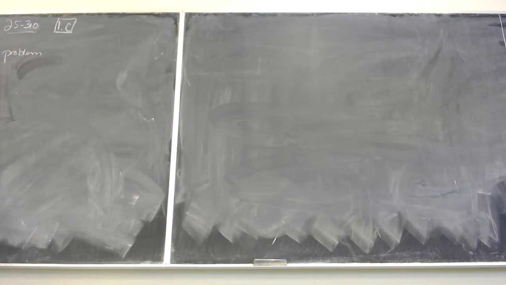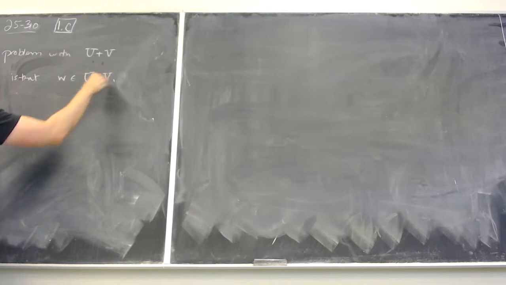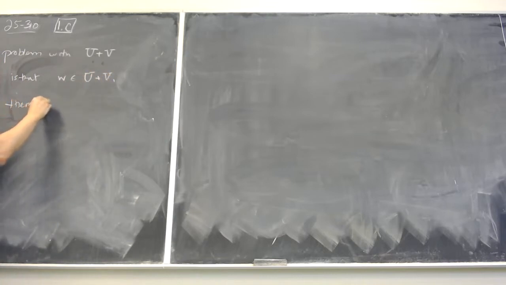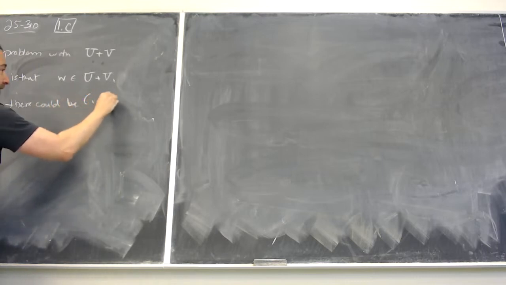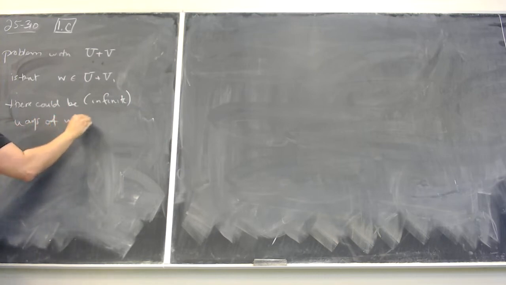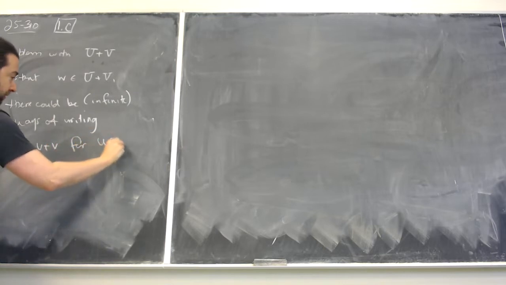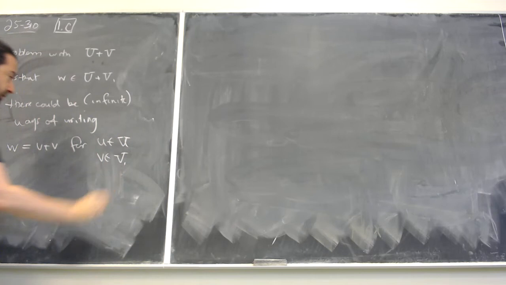The problem with the idea of taking the sum of two sets is it's not necessarily the case that every vector in here has a unique way of writing it as a combination of vectors in U and V. So the problem with U plus V is that, say, if I have a W that's contained in U plus V, there could be really secretly infinite ways of writing W as U plus V for U in U and V in V.